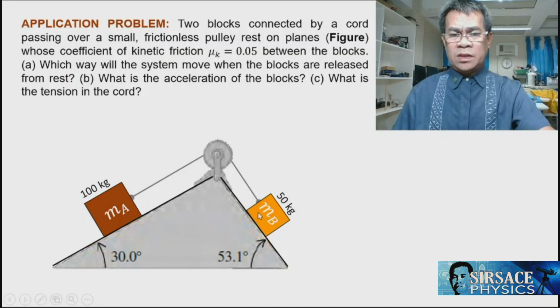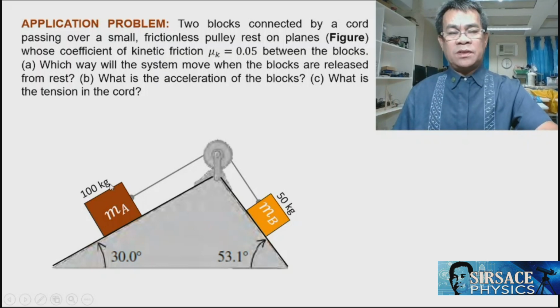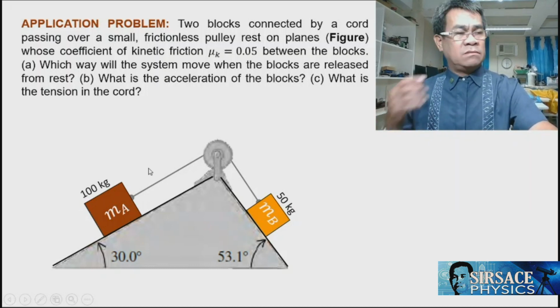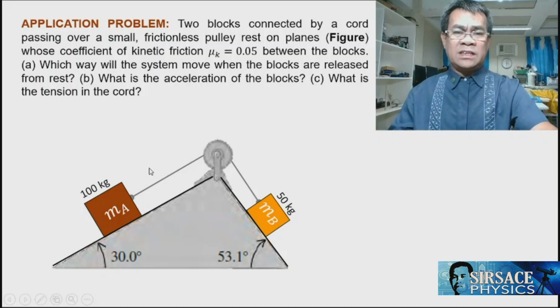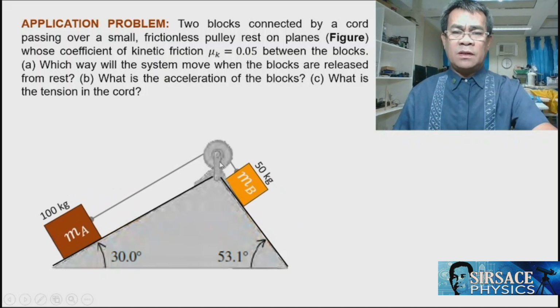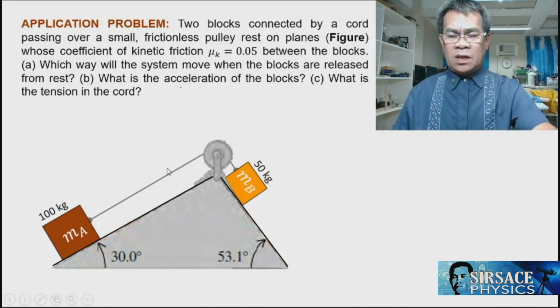Now, how do we know that it is at rest? If the calculated A is zero, then the system is at rest. If the calculated A is not equal to zero, there are two possibilities. Since we don't know the direction yet, we have to assume a direction.